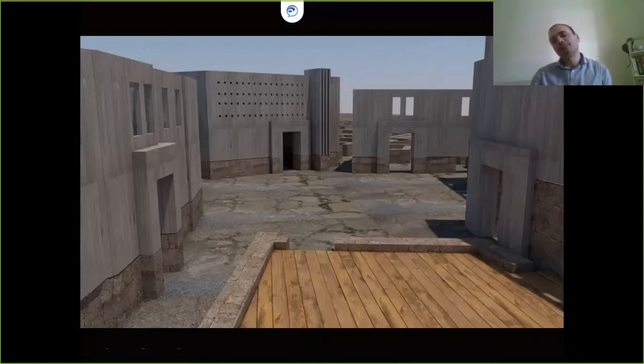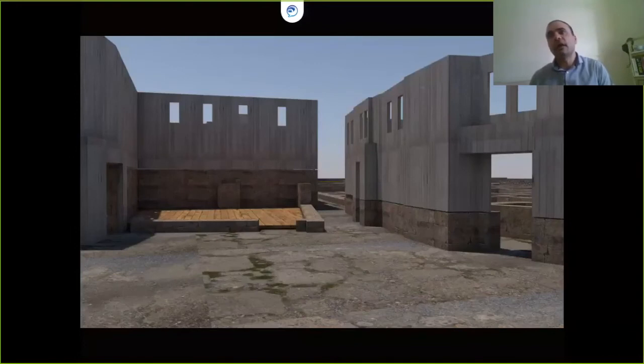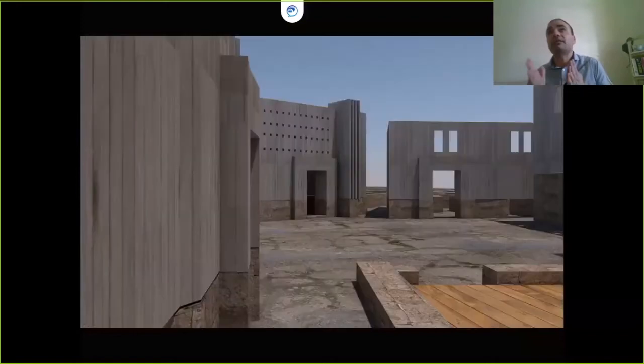But another value is about understanding the interior environment inside the public entertainment or everyday life space, which is the tavern or the pub, the old pub during the Bronze Age.